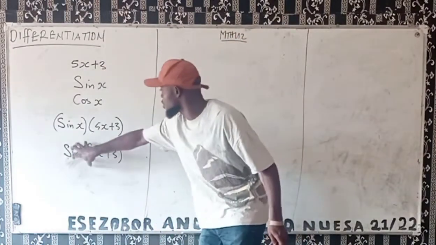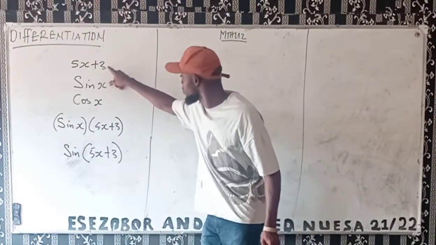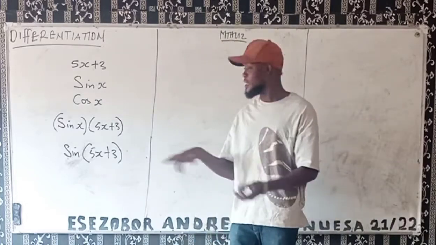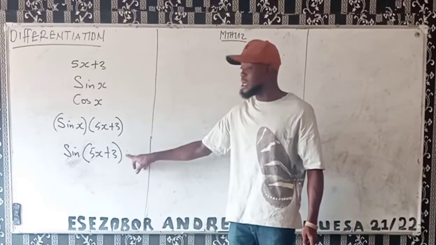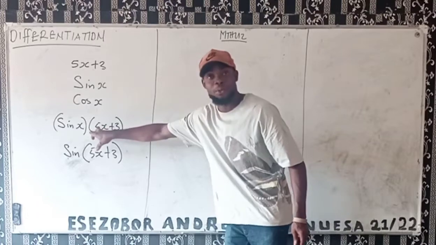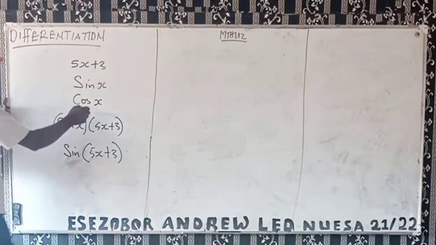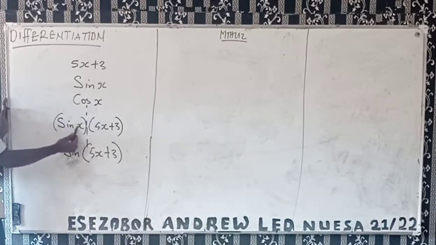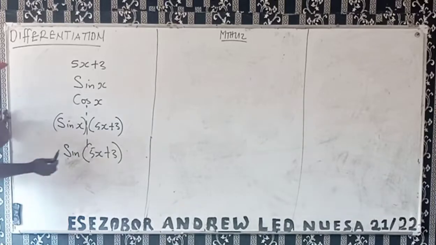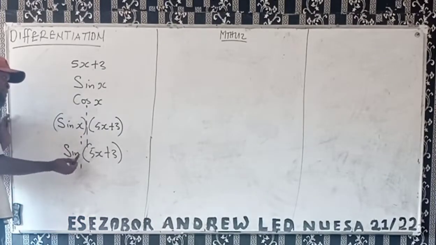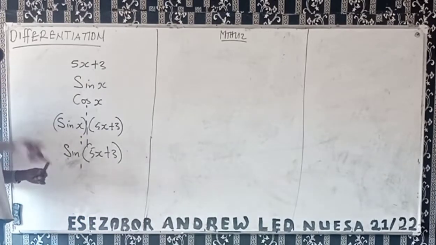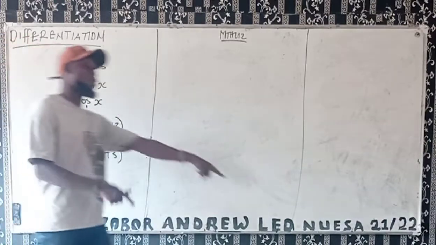Now, these are two functions, polynomial and trig, combined together. In this case, if I separate these two functions, they will still exist. I will have sin x, and I will have 5x plus 3. Yes, they are still functions. But in the other one, if I separate these two, I will have sine alone. Sine cannot work alone except there's an angle with it.